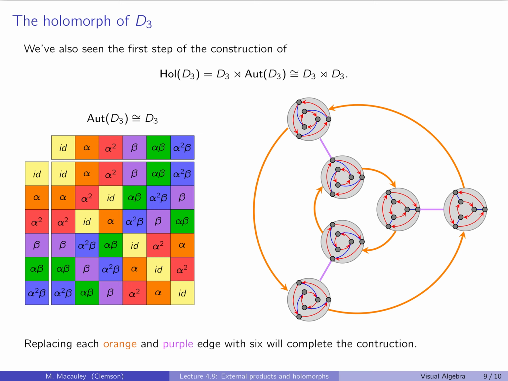So stay tuned in a bit. This thing, surprisingly, is also isomorphic to a direct product of D3 with D3, which is not in any way obvious. But on the next slide, I hope to convince you, or at least give an outline for why this should be true.